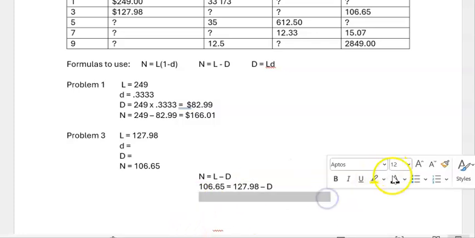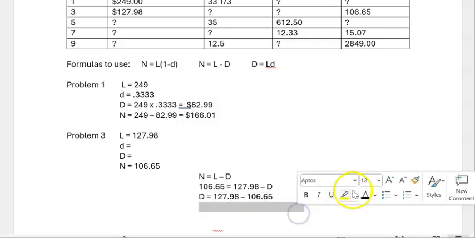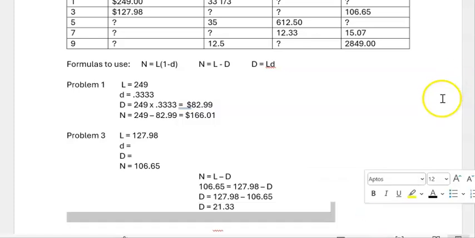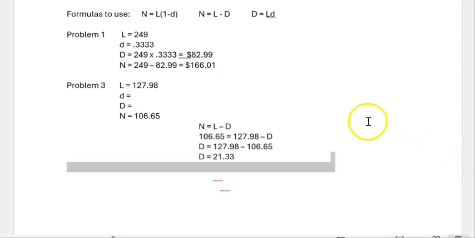So what we know next is if we switch it around, if our list price minus the discount gives us our net price, then our list price minus our net price gives us the discount amount. So D equals 127.98 minus 106.65. Therefore our discount amount is $21.33.